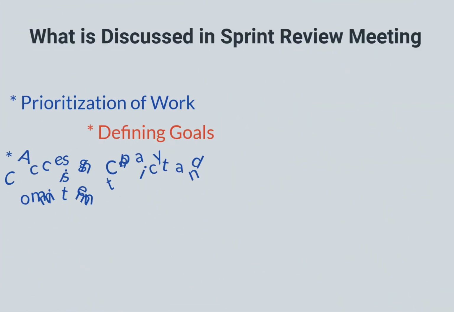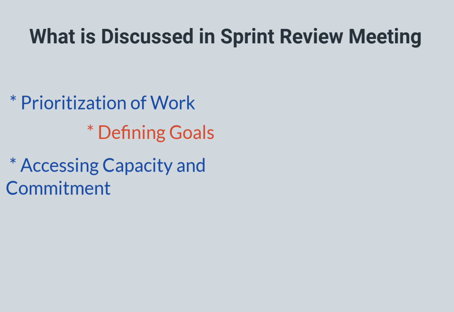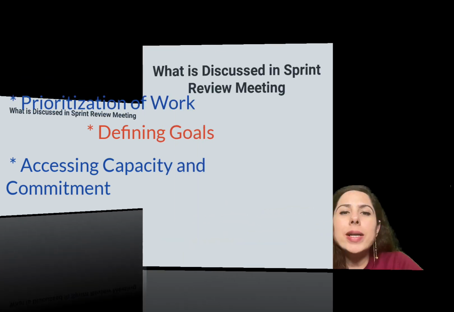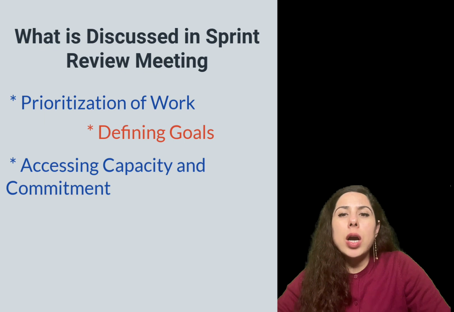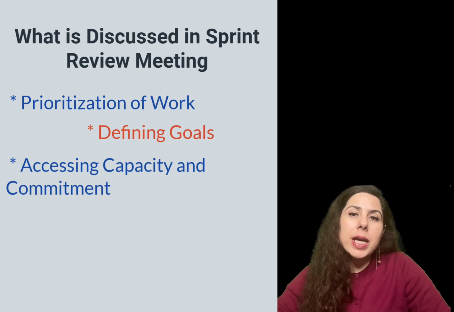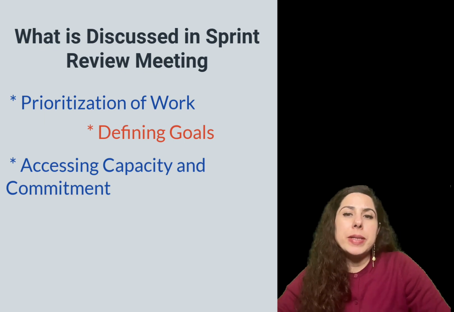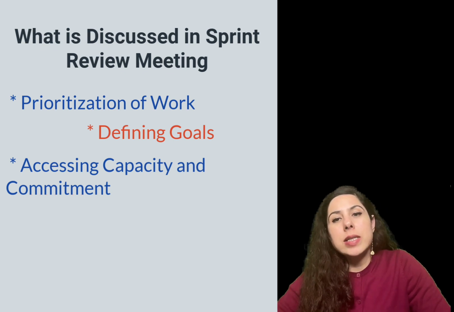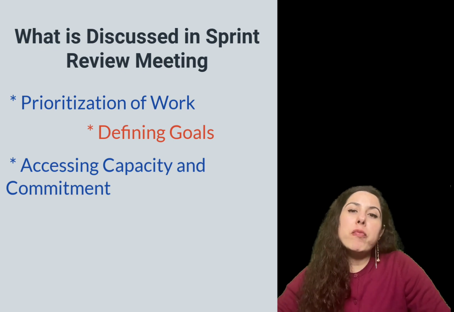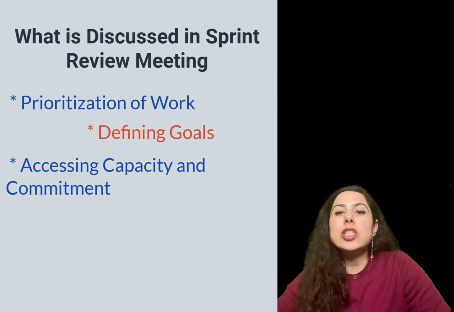Third, assessing capacity and commitment. The development team evaluates their capacity, taking into account team member availability and other prior commitments. Based on this assessment, they commit to a realistic number of backlog items they can complete within the sprint.